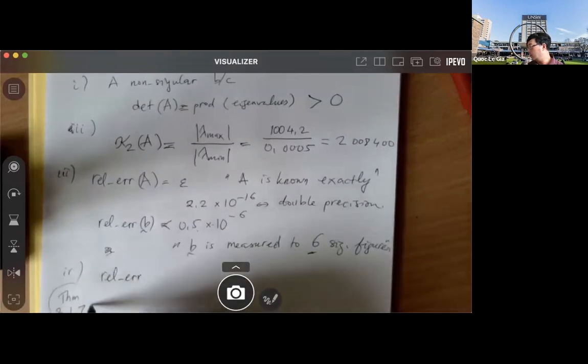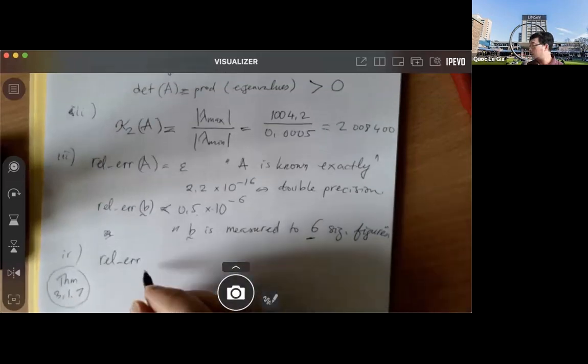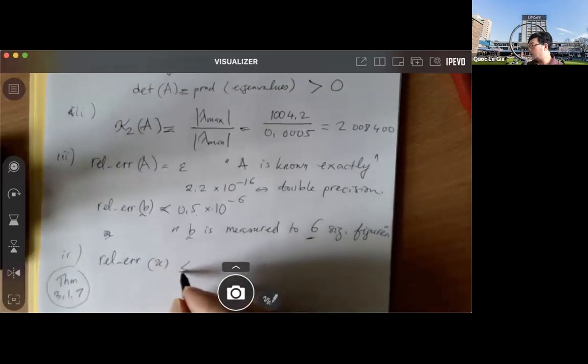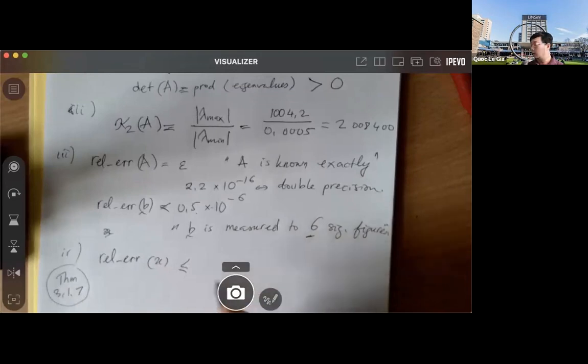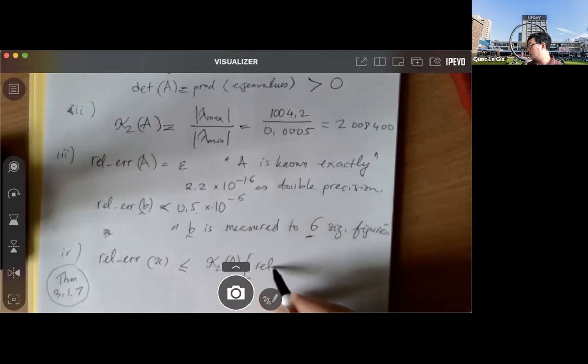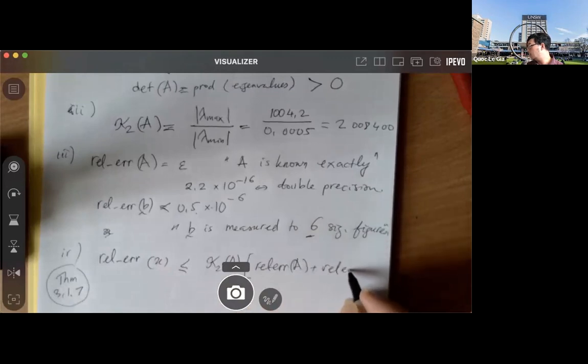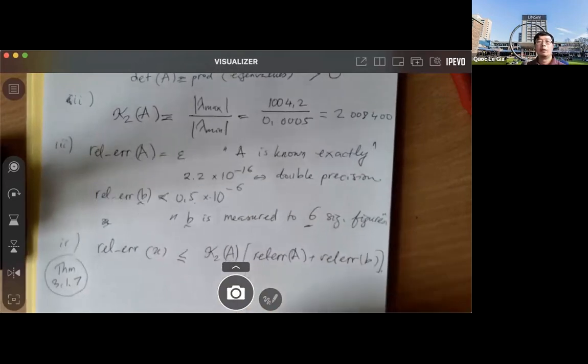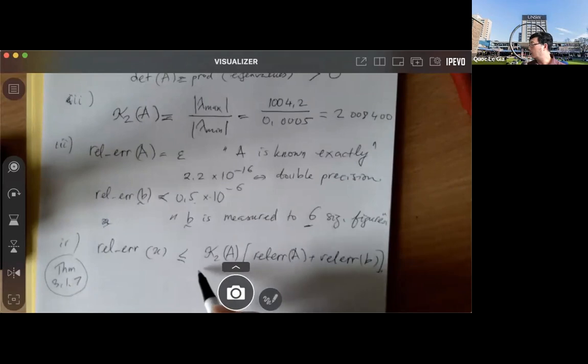The relative error in X is less than or equal to the condition number of the matrix times the relative error in the matrix A plus the relative error in the vector B. Now everything is in numbers already.